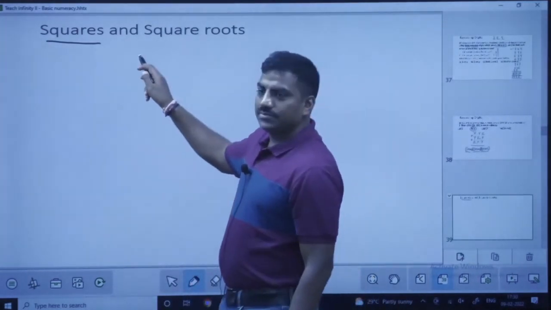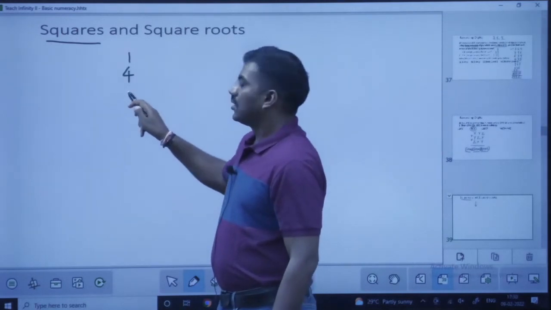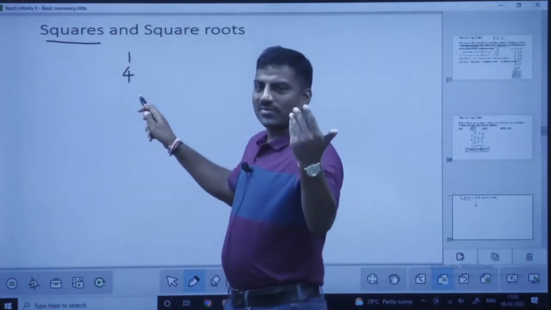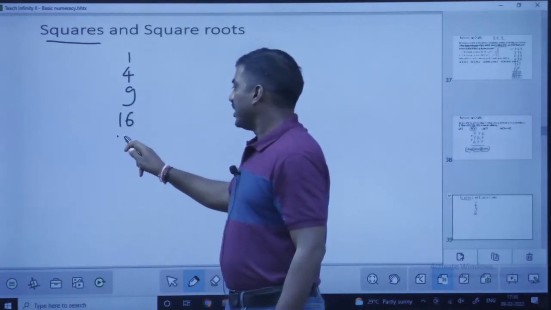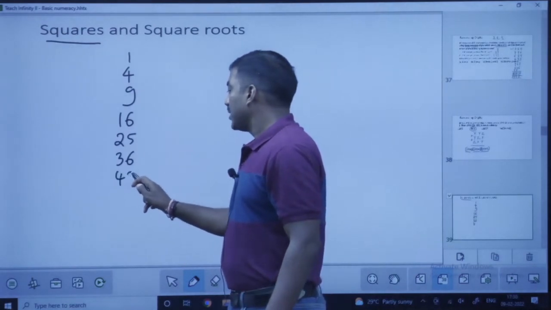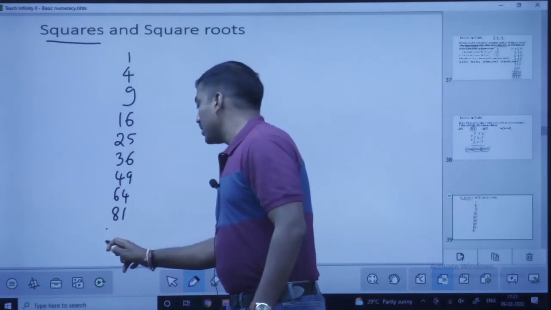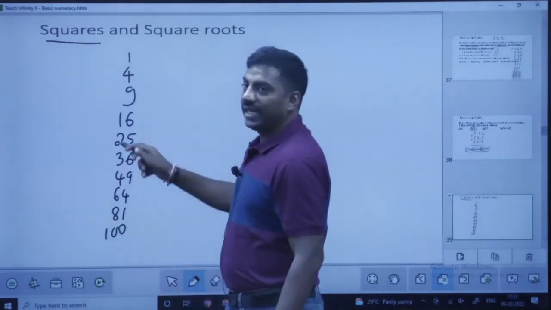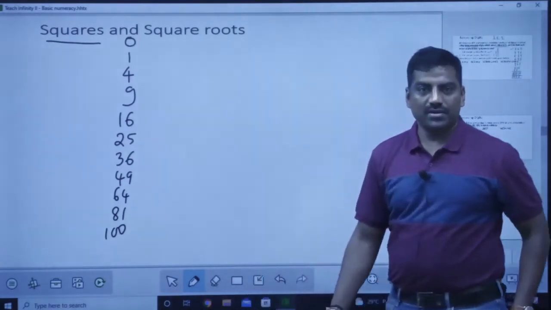Tell me the squares. 1, 4, 9, 16, 25, 36, 49, 64, 81. I'll take 0 also in the list. I'll show you some pattern.